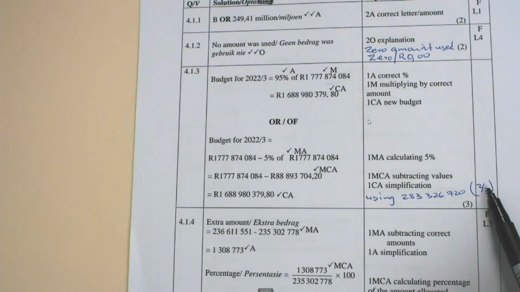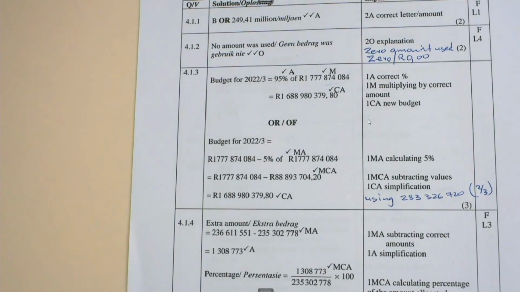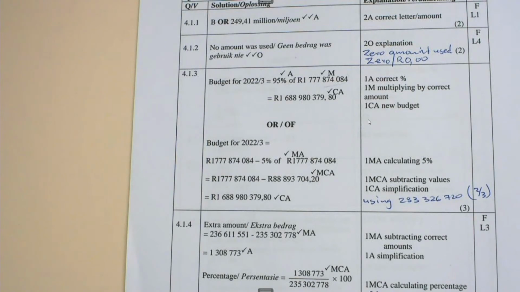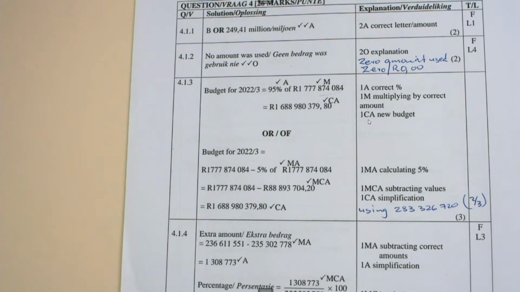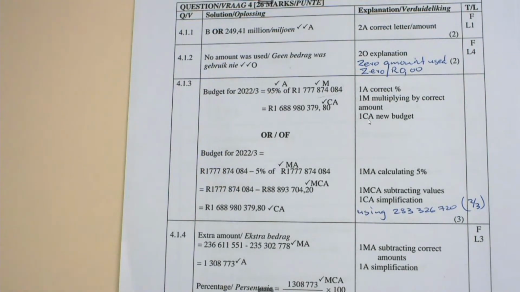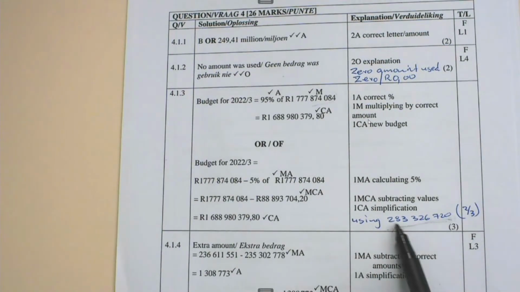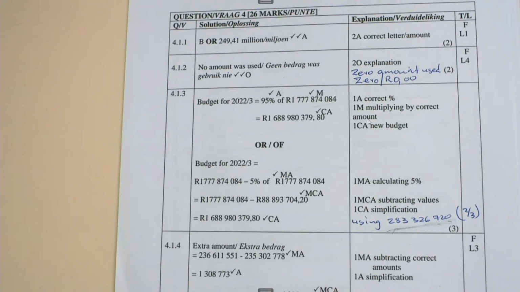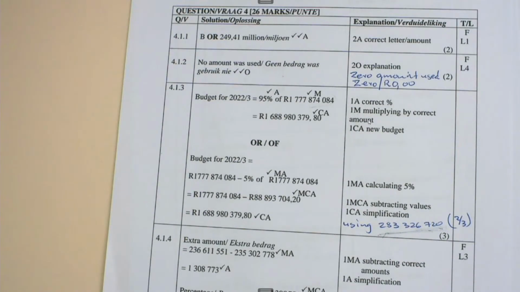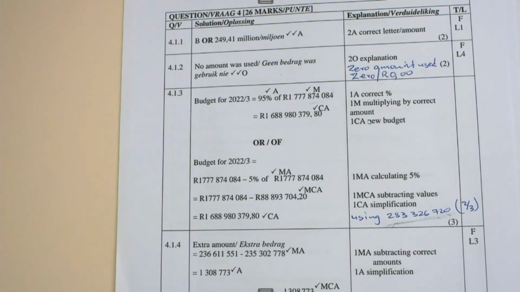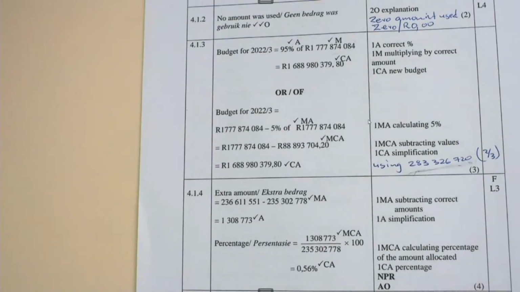Learners should get 2 out of 3. So I'll urge the colleagues to do the calculations and see the correct answers for those learners if they are using this number here. So I think the colleagues captured that one.